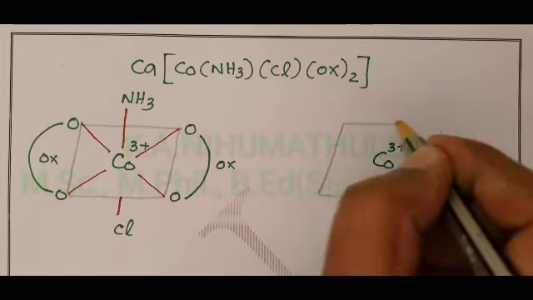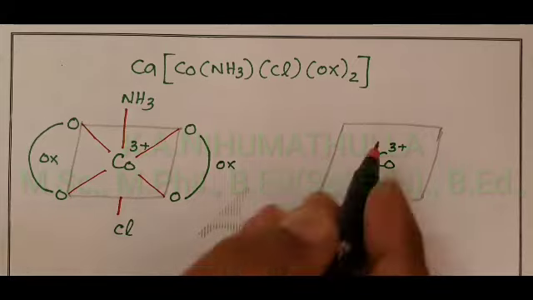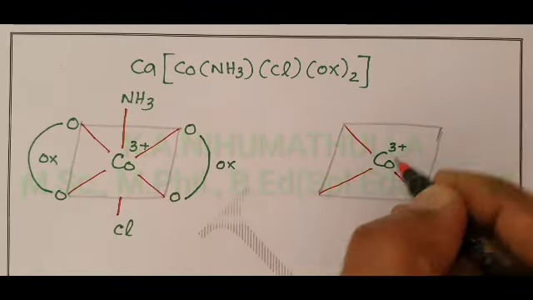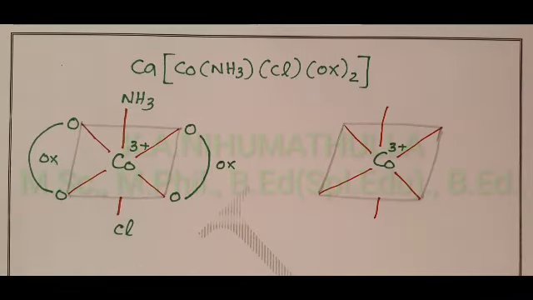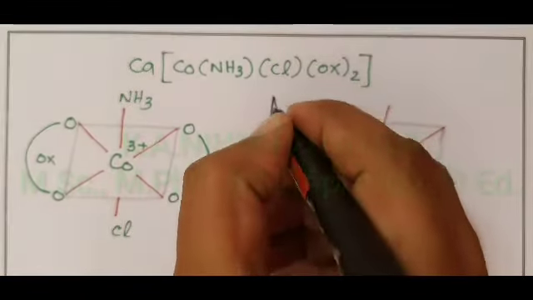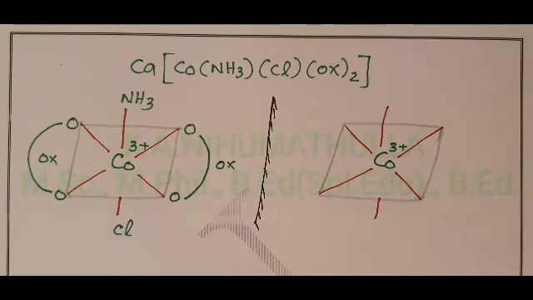Here you have a square. When all the corners are joined, above the plane one ligand, below the plane another ligand. Now, we are going to write the mirror image. When a mirror is placed between these two, you will get the mirror image.